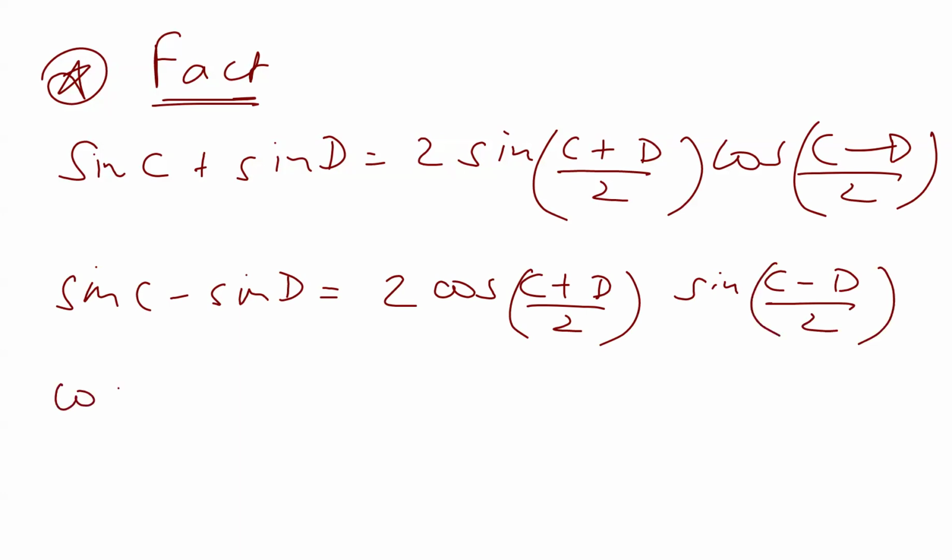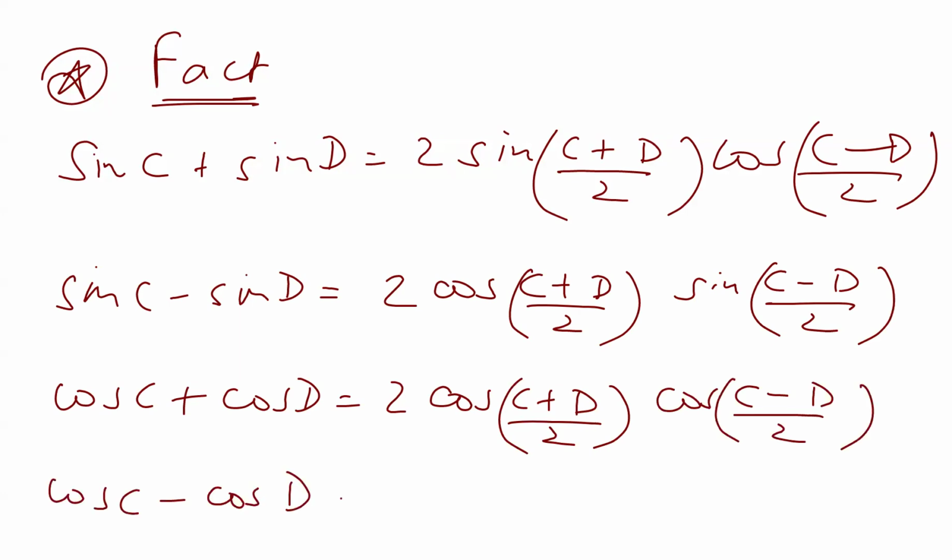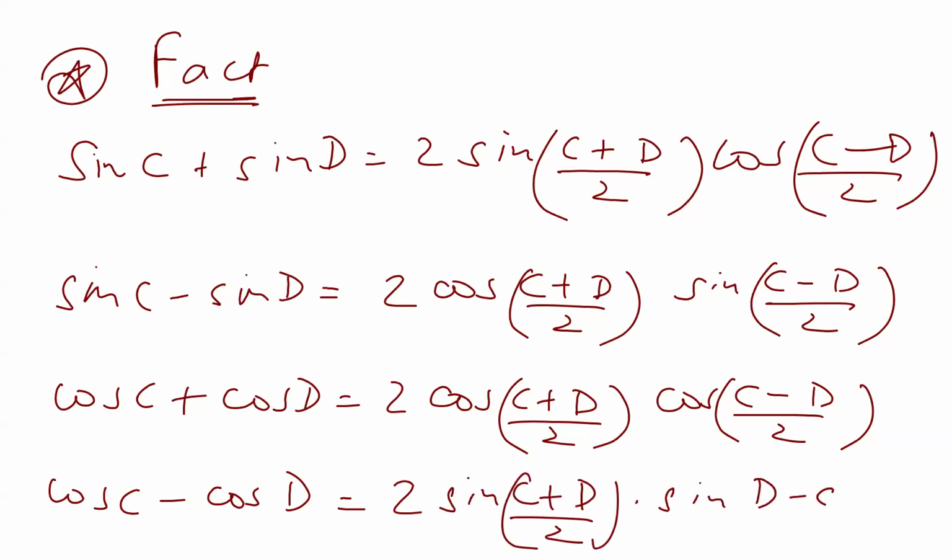Cos C plus cos D is 2 cos C plus D by 2 cos C minus D by 2, and cos C minus cos D is 2 sin C plus D by 2 sin D minus C by 2. Okay.